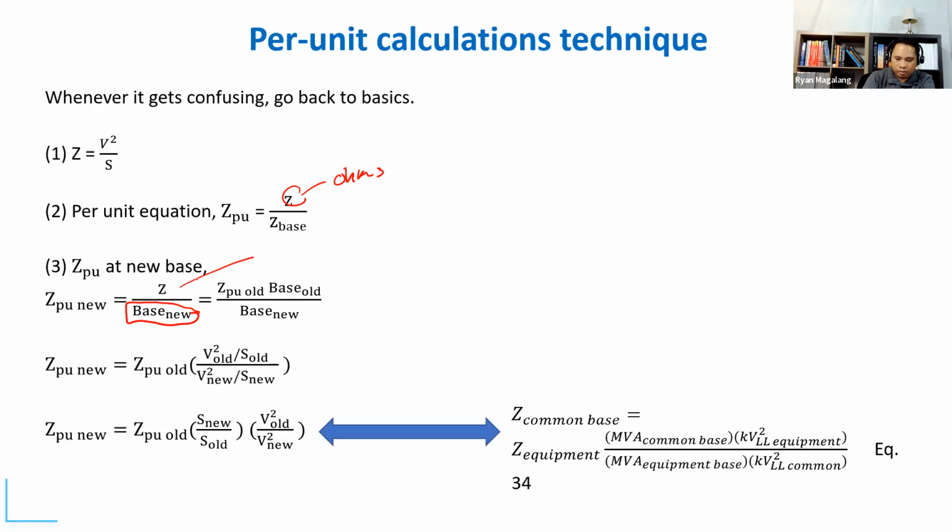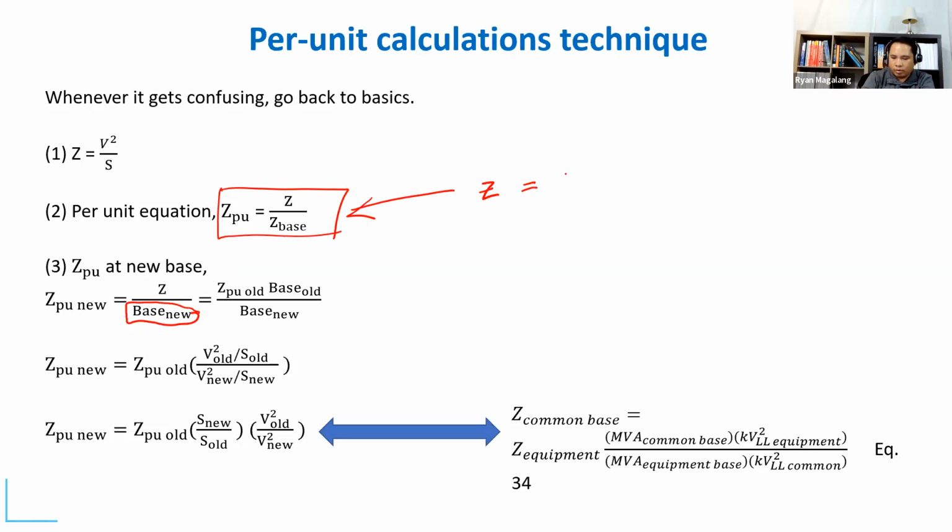But what is Z? The Z is essentially the Z per unit before times the base before, which is the old one. So it's just basically rearranging this equation here to make it the Z in ohms.